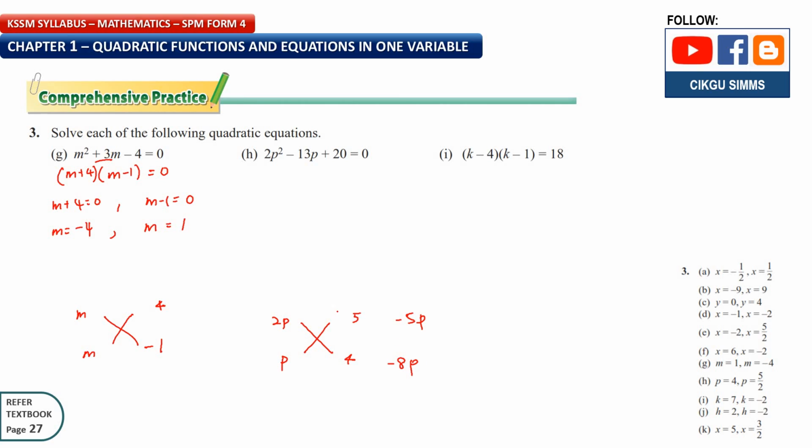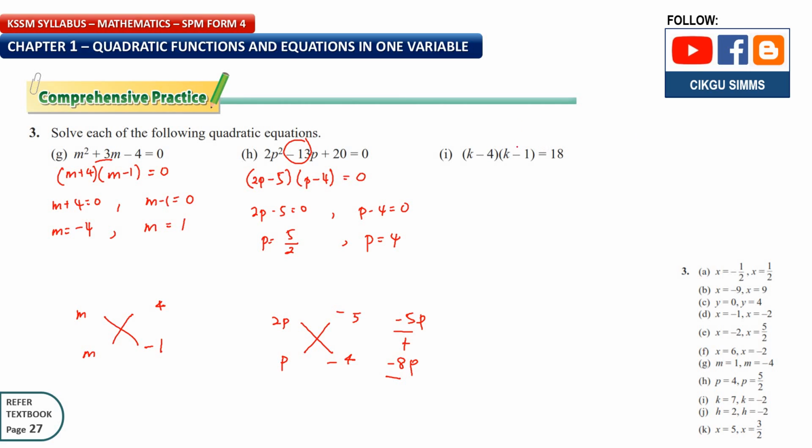And then you need 2 negative to become -13. -5, -8, you get -13 if you plus them together. So you have 2p minus 5, p minus 4 equal to 0. First bracket equal to 0, second bracket equal to 0. Your first root is 5 over 2. Your second root is positive 4.